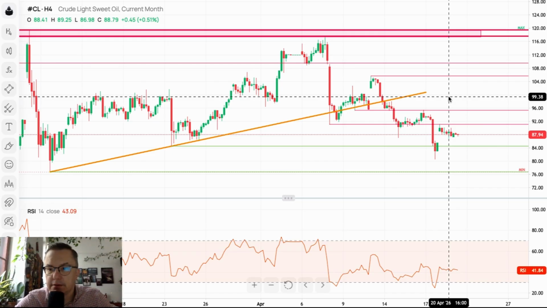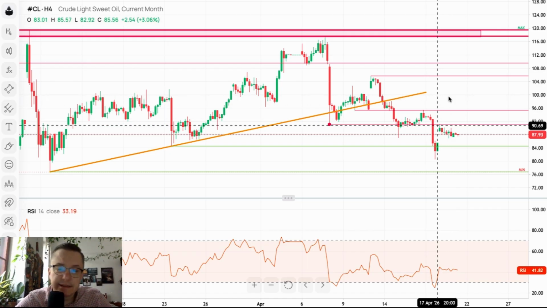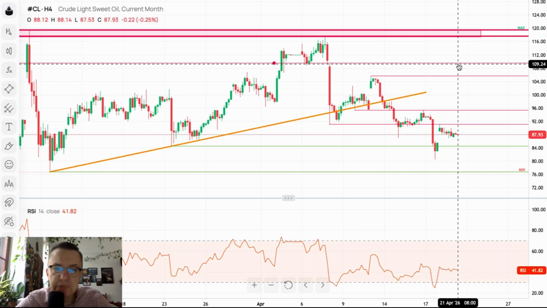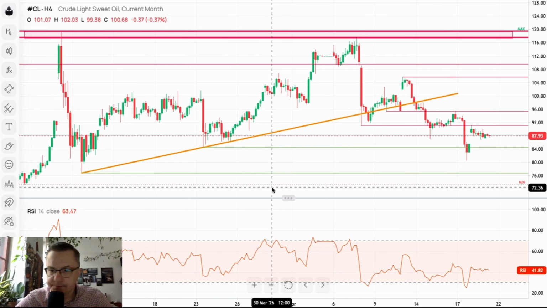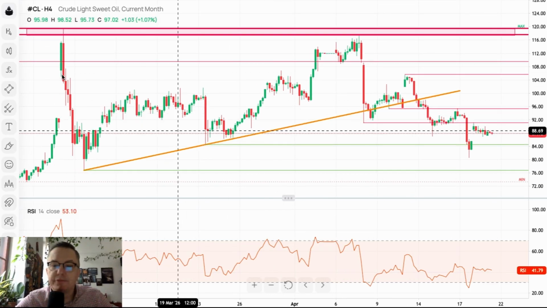If something happens in the Middle East, in Iran, Lebanon, and so on, then the situation can reverse immediately, right? Like we've seen so many times before.